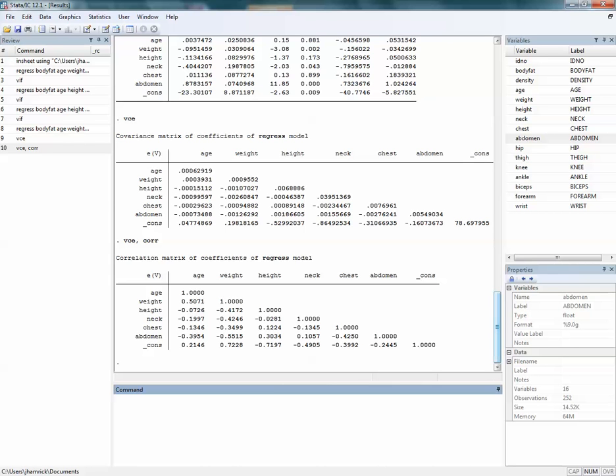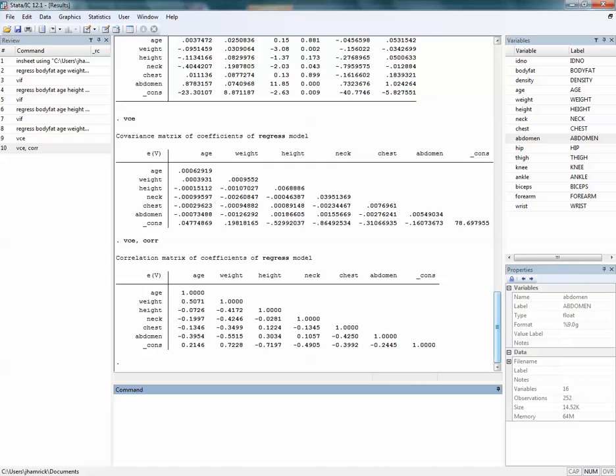And so here we would be concerned about negative correlations, or particularly positive correlations, as is the case with age and weight, let's say of magnitude 0.5 or higher. So this one strikes us as being a problem, and this one right here strikes us as being a potential problem as well.